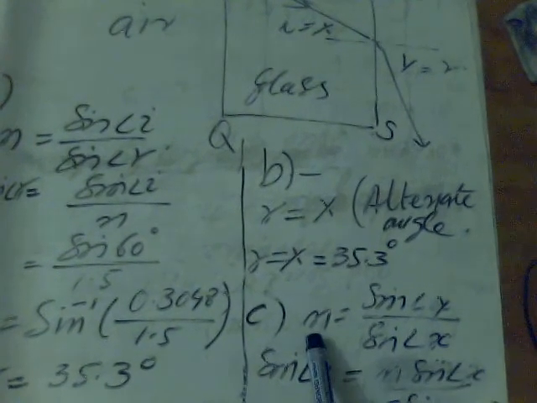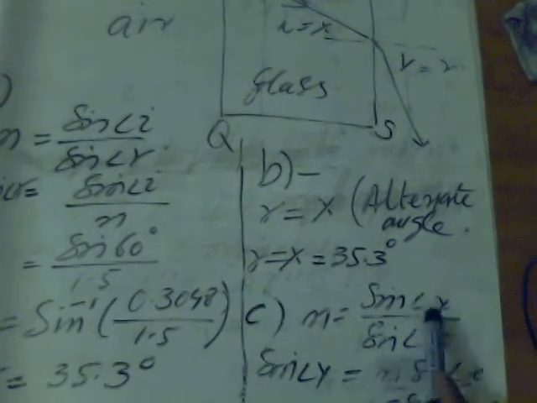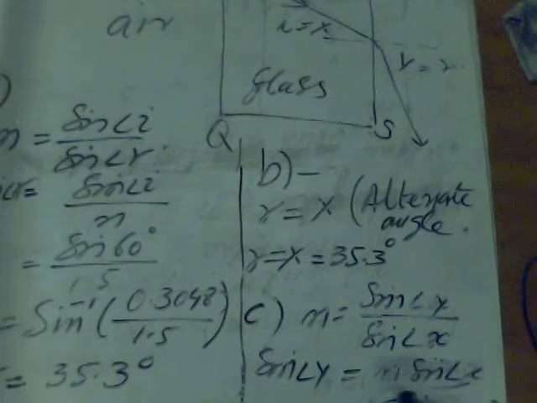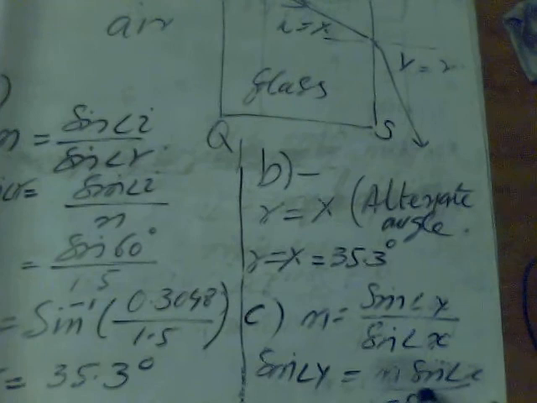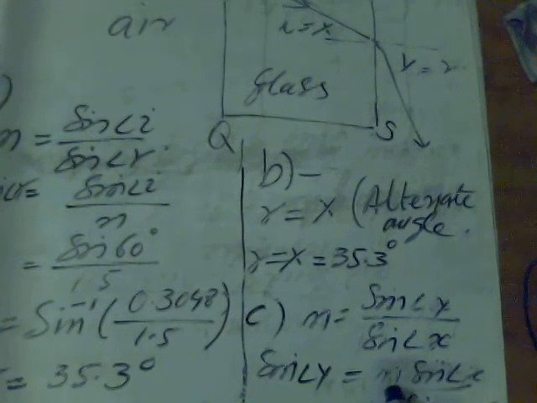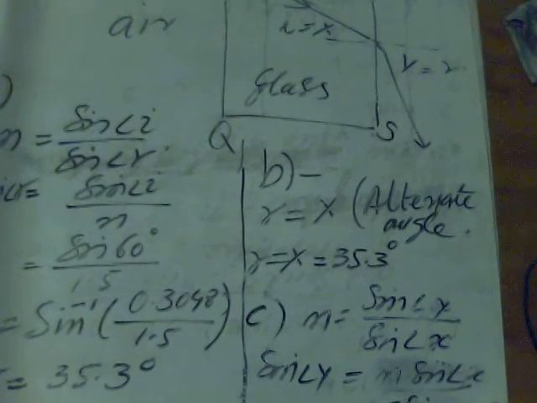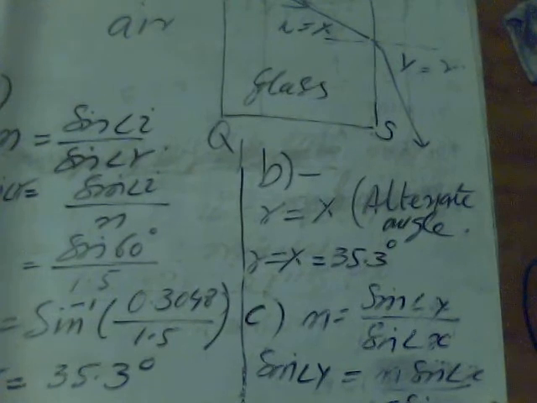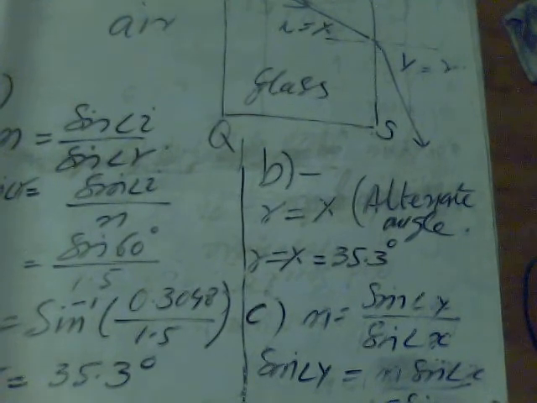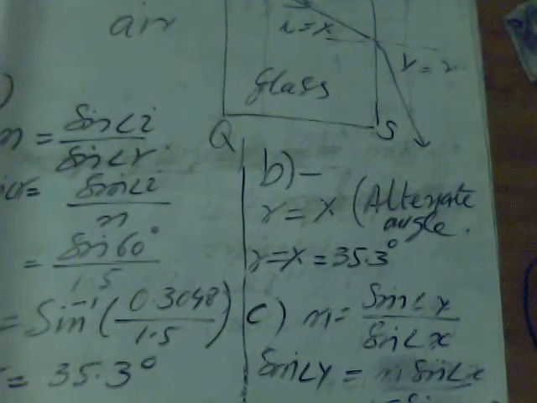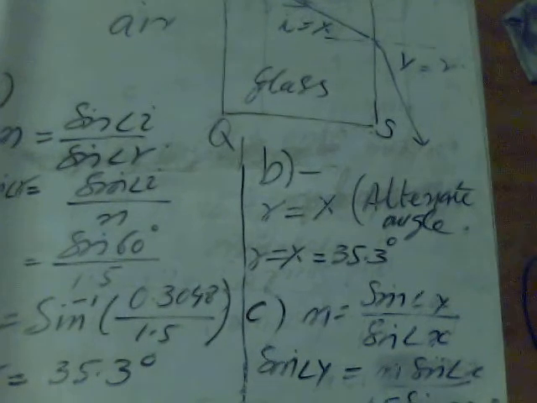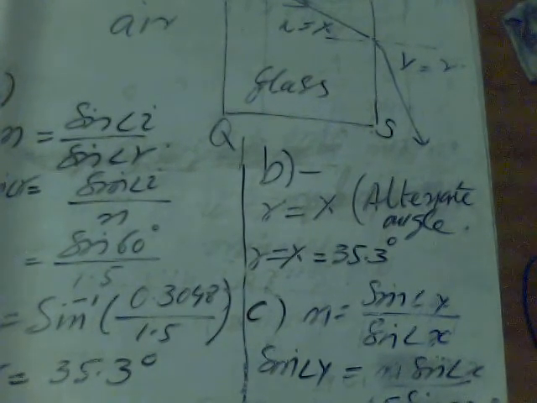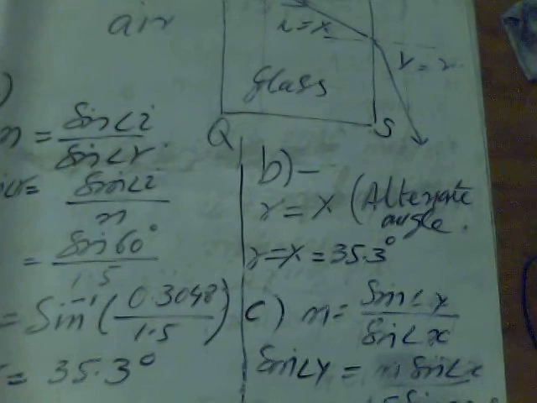The value of n, the refractive index, is 1.5, and the value of x we have found is 35.3 degrees. When we find the value of sine 35.3 and multiply it by 1.5, the answer will be 60 degrees.